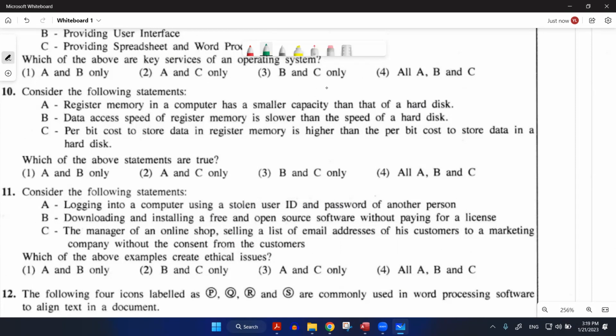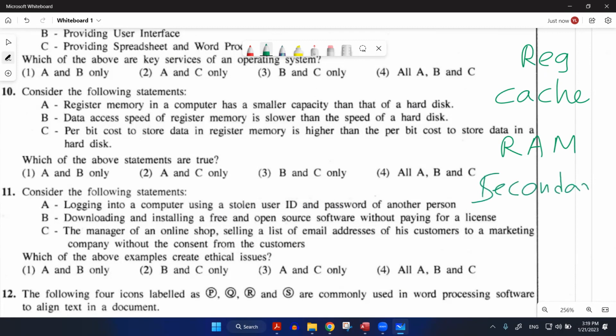So how the memory hierarchy works, registers stay at the top, then the cache memory, then the RAM, then comes the secondary storage. Right, so registers are at the top, then cache, then RAM, and the secondary storage in a rough order.